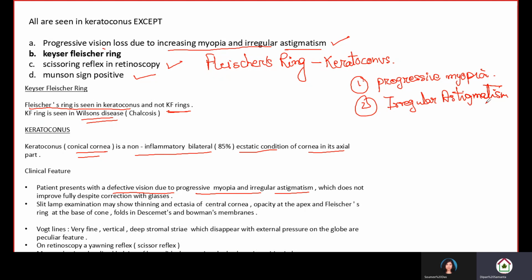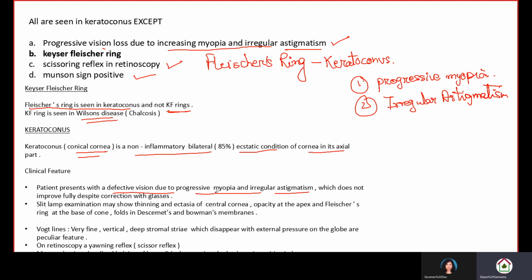Complete clinical questions can come like this. In fact, they will ask for diagnosis and treatment. They will give the features, so features must be known to you.